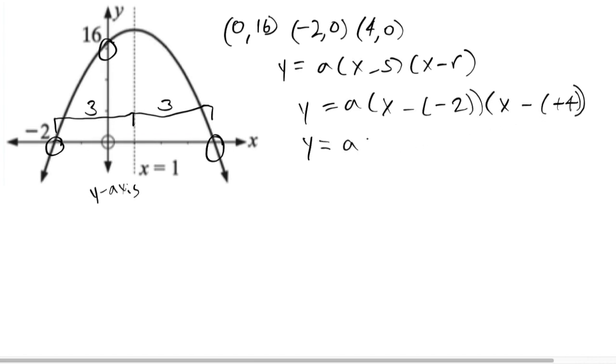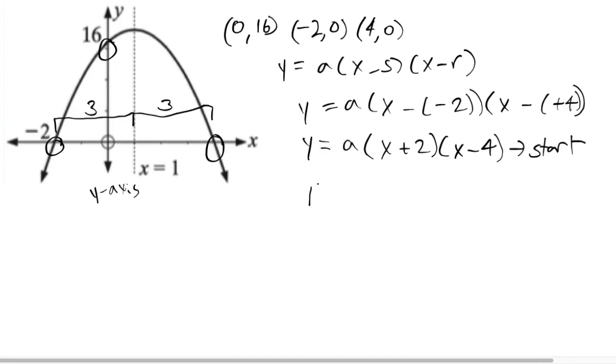We get y equals a(x plus 2)(x minus 4), because minus of minus is plus. So this can be our start. Like before, with this equation, let's substitute our coordinate, our (0, 16), and solve for a, our standard procedure.